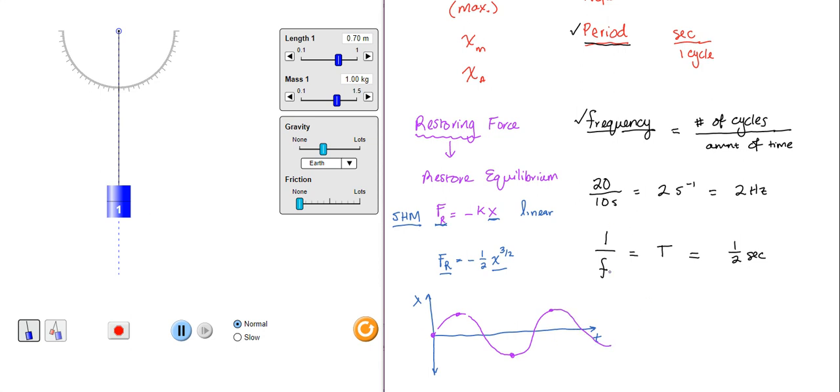Oftentimes graphically we will show this as a trig function that will show us motion that is oscillatory or simple harmonic. Now this over here is the amplitude, and this particularly is the position amplitude.